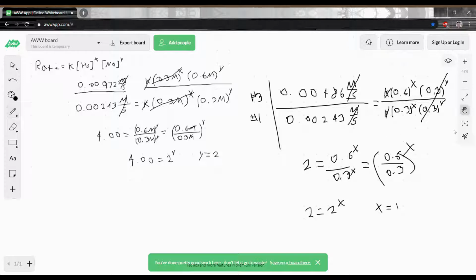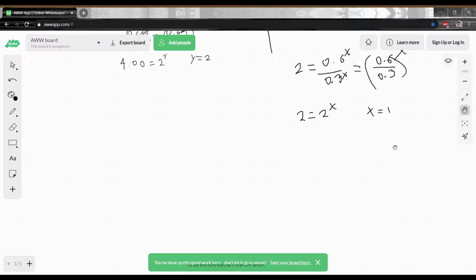So let's do that. Let's pull this down. Our rate constant k. Let's use data from trial 1. The rate is going to be 0.00243. That is molarity per second. That's going to equal the rate constant k.